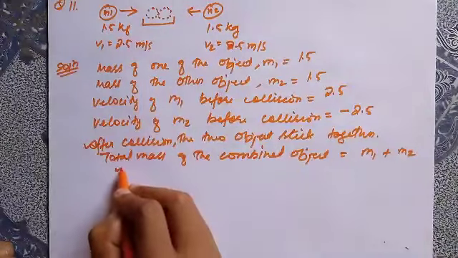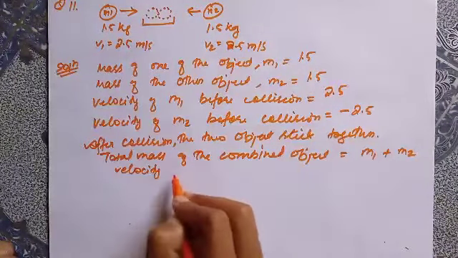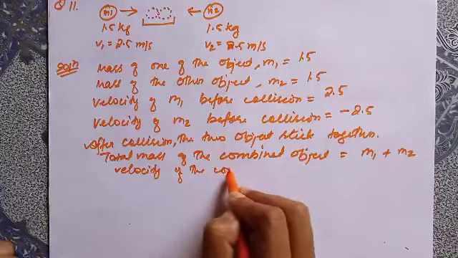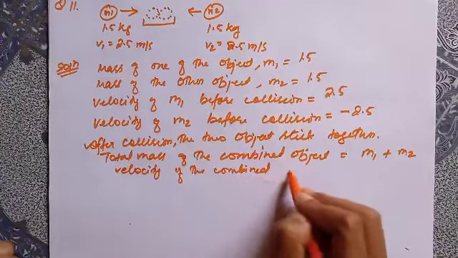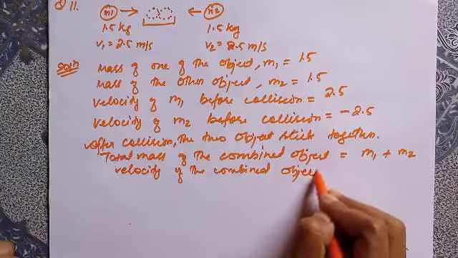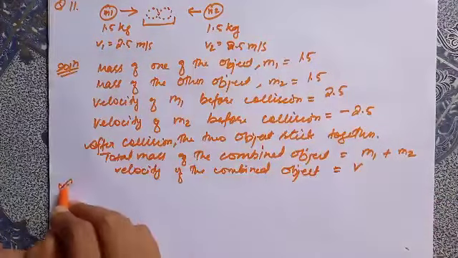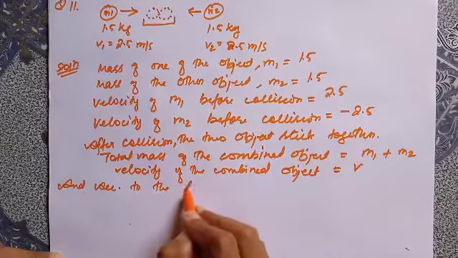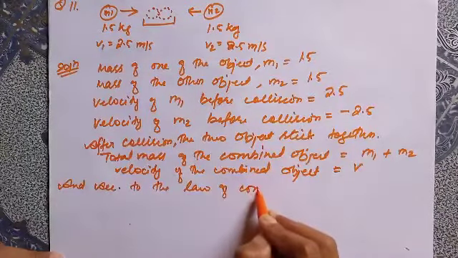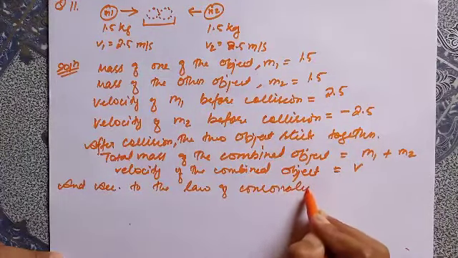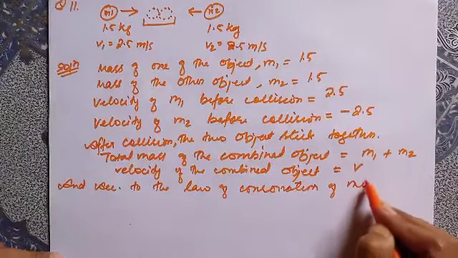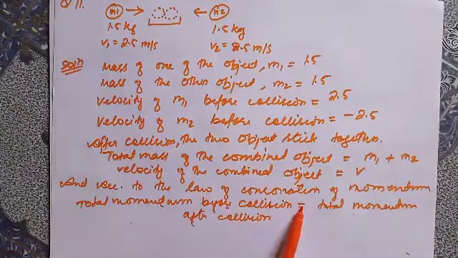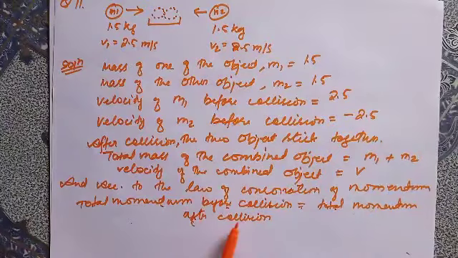So let the velocity of the combined object be v, and according to the law of conservation of momentum, total momentum before collision is equal to total momentum after collision.